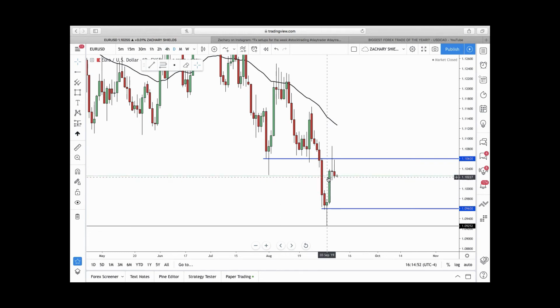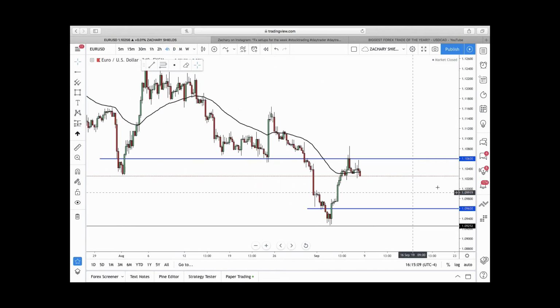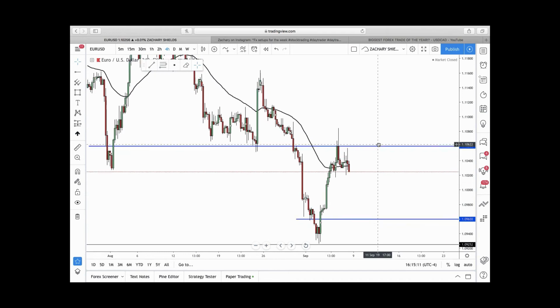However, Euro USD is a very volatile pair. Just because I do see this candle that I like and this kind of pin bar down here that is interesting me, it really doesn't mean that Euro USD is gonna pop up because this resistance it could just respect it, and that's just kind of how Euro USD goes. And the price action I'm seeing here at this resistance is suggesting there should be some downside.